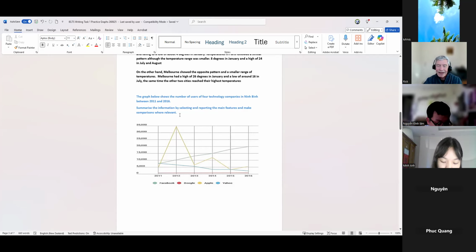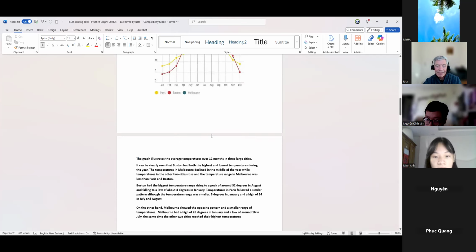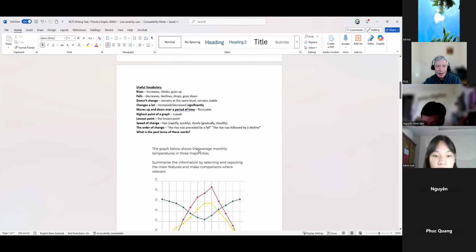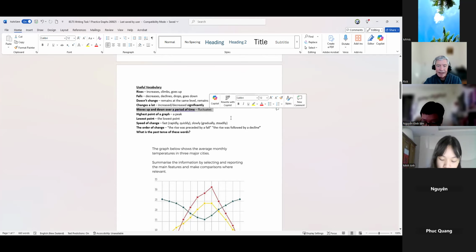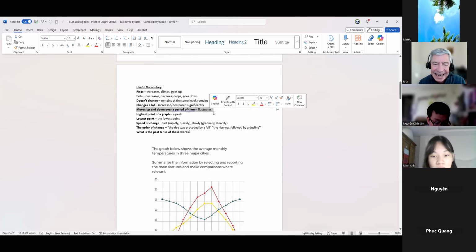Okay, fluctuated. Go back up a bit. Show you our list of words. This one here, moves up and down over a period of time, fluctuates. Ding Lam, can you see that? Yes, I can see. Okay, and of course the past tense of fluctuates is fluctuated.